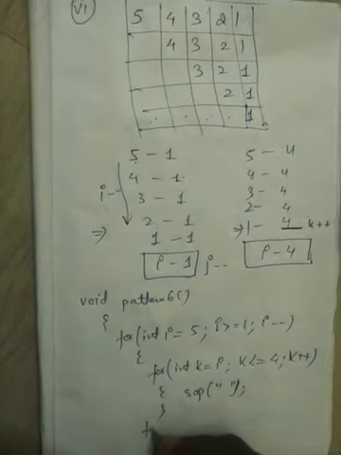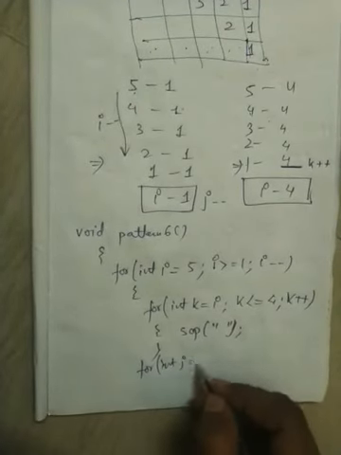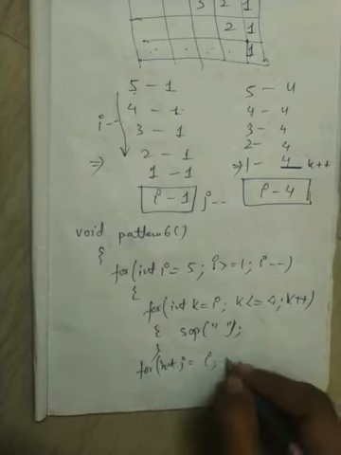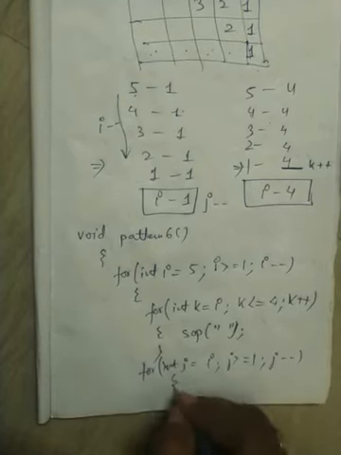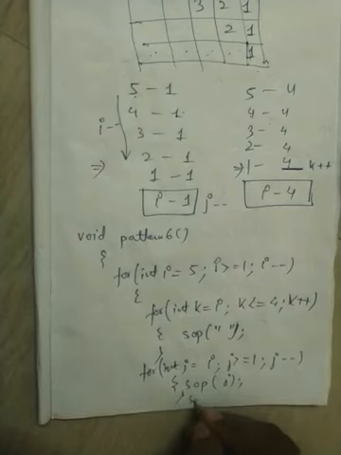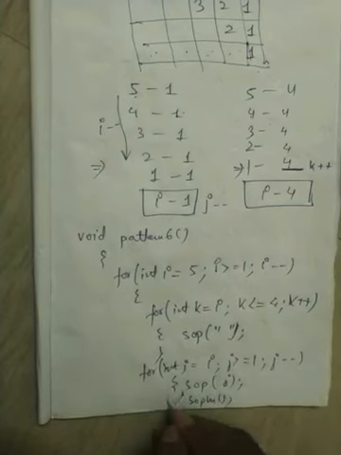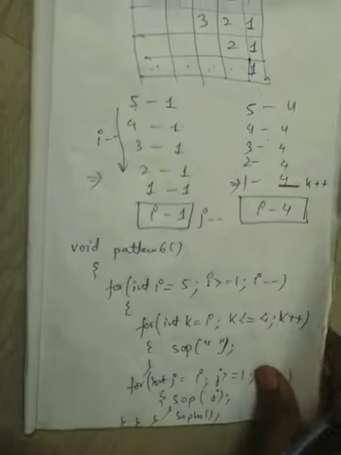Now J loop: for int J equals I, J greater than or equal to 1 and J minus minus, SOP, I'll write here J, SOP ln. Close the for loop, close the method, close the class. Clear? This way we'll do pattern 6.